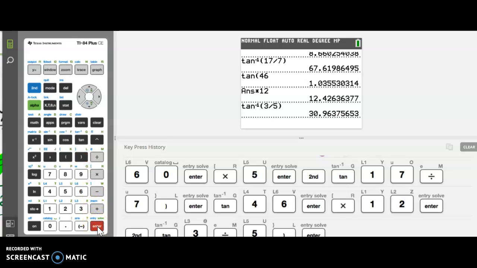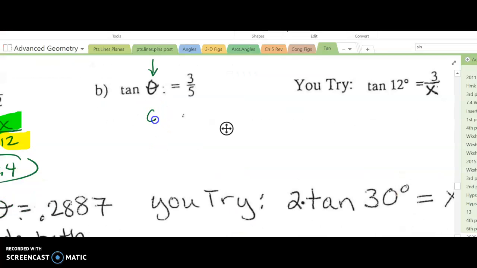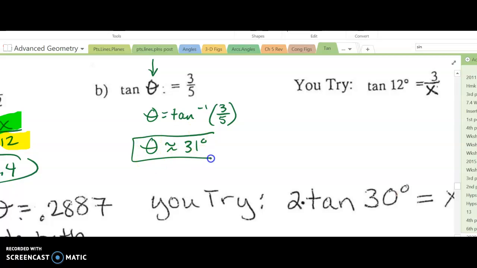And so 30.96, so 0.96, we would look to the nearest tenth of the 6 there. That would tell us to round up the 9, and then we know if we round up 9, we automatically have to round up the next number over. So the way we would denote this is tan inverse of 3 over 5, and so that's approximately 31 degrees.